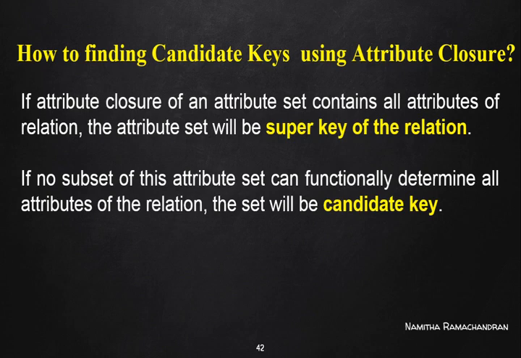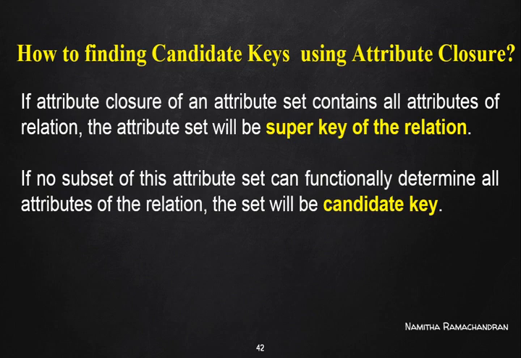Suppose you are given a set of attributes of a given relation. Using that set, you can identify uniquely all the entities of that given relation. Such sets of attributes form super keys of a given relation.